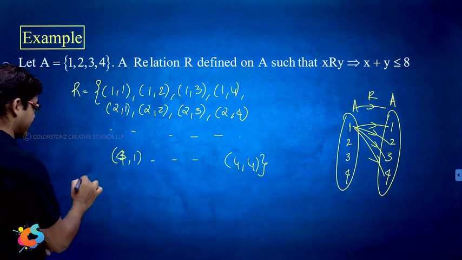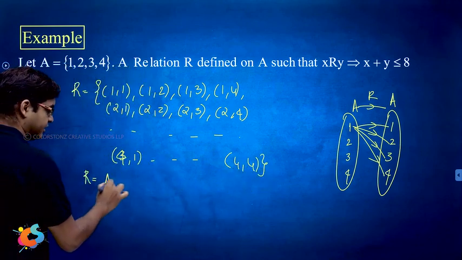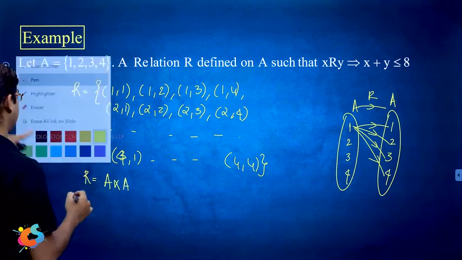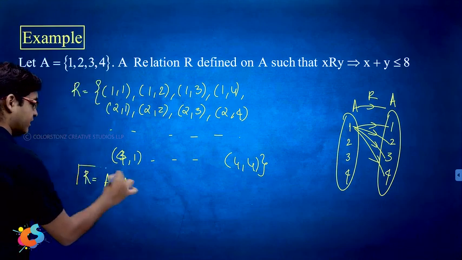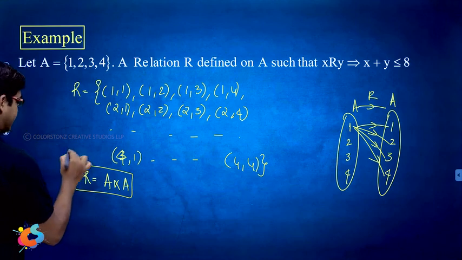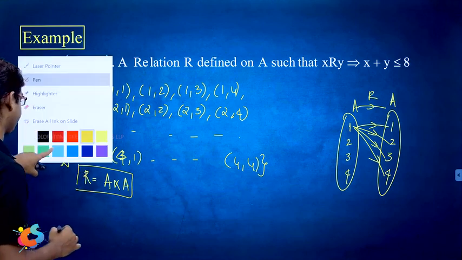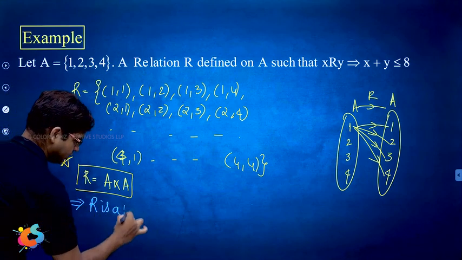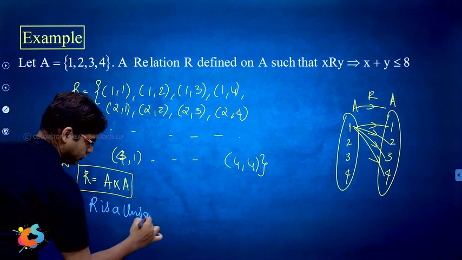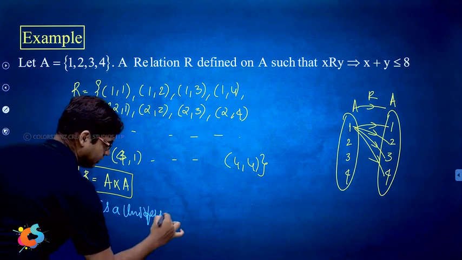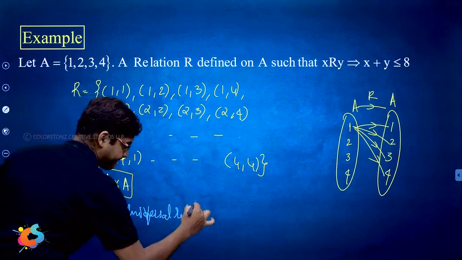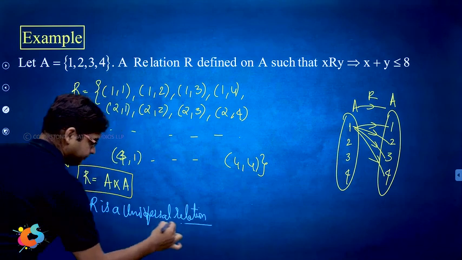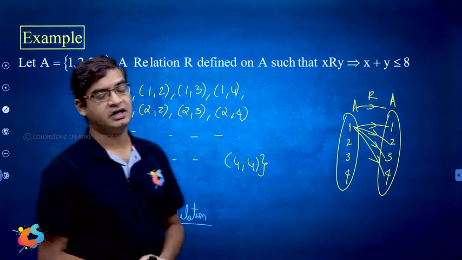So these are the ordered pairs. Clearly we can see R is equal to A cross A. So if R is equal to A cross A, then you are giving a specific name to this, which implies R is a universal relation.